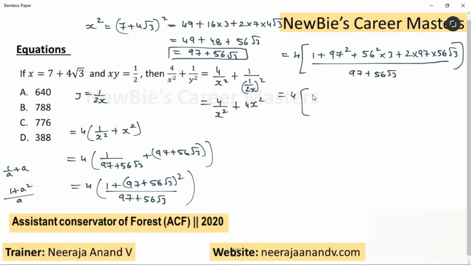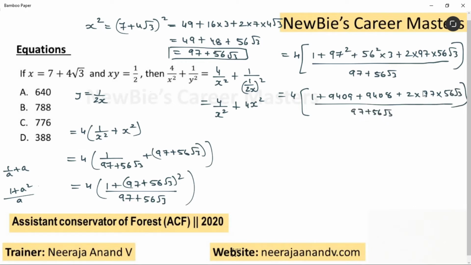Now, 1 plus 97 square is 9409 plus 56 square into 3 is 9408 plus 2 into 97 into 56 root 3. Just observe it, okay? This is 97 plus 56 root 3.